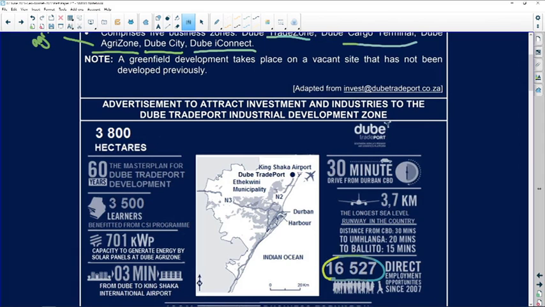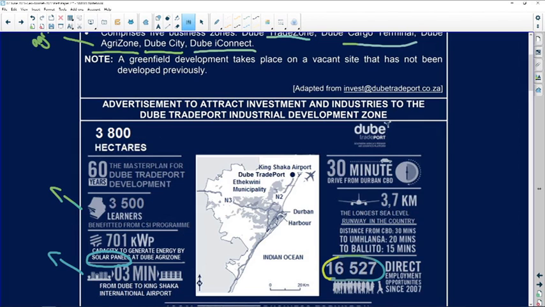16,527 direct employment opportunities since 2007. Very close to King Shaka Airport for international investors. As you can see, it generates a lot of electricity through solar panels, so it's green, revolutionary, and charity-wise, 3,500 learners benefit from the CSI program.